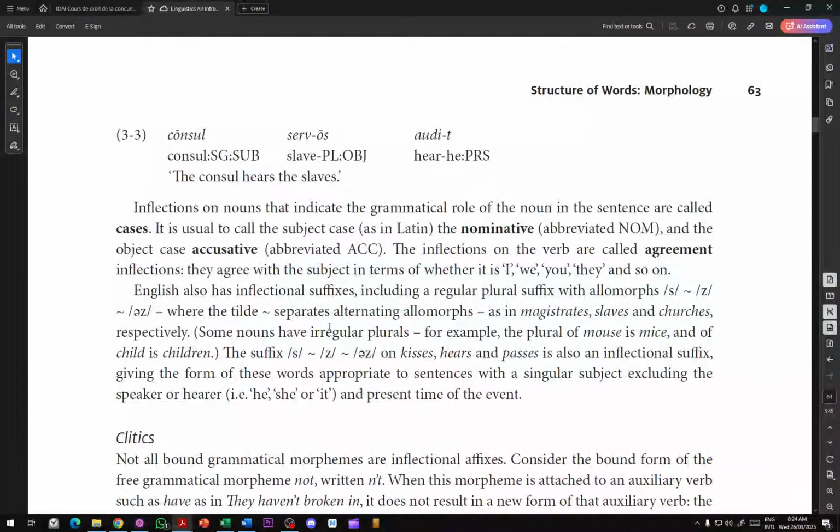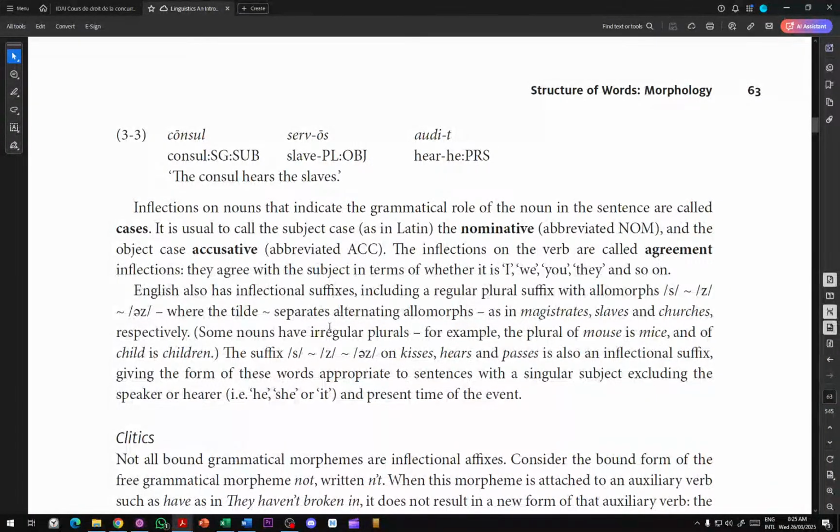Okay, cool. A regular plural suffix, like birds, the S at the end, with allomorphs S and Z and EZ, where the tilde separates alternating allomorphs, as in magistrates, slaves, and churches respectively.